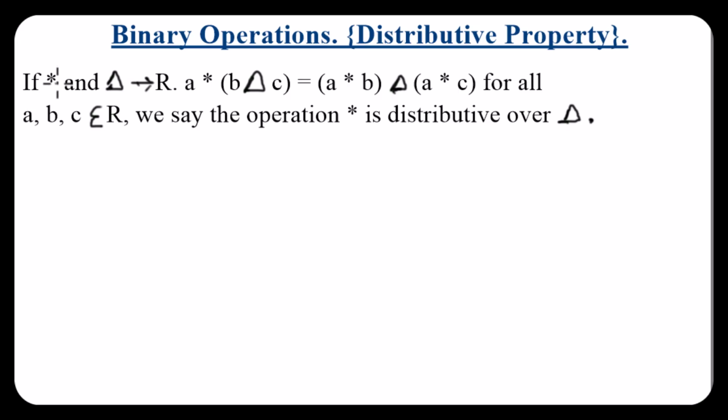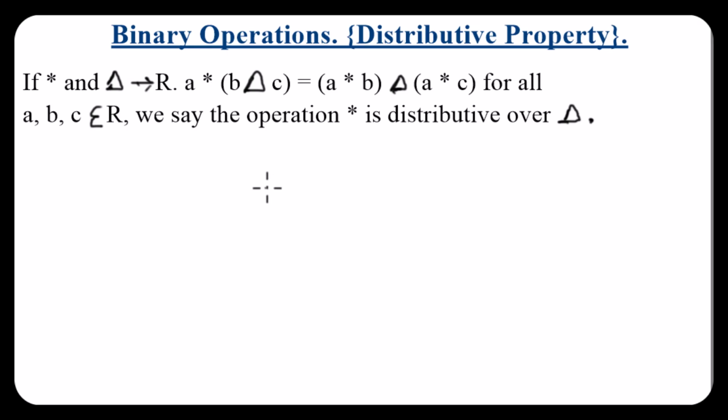So when star and delta have been defined over the set R, and A star (B delta C) can be taken in another order as (A star B) delta (A star C), for all members A, B, C being elements of real numbers, then we can conclude that the operation star is distributive over delta.